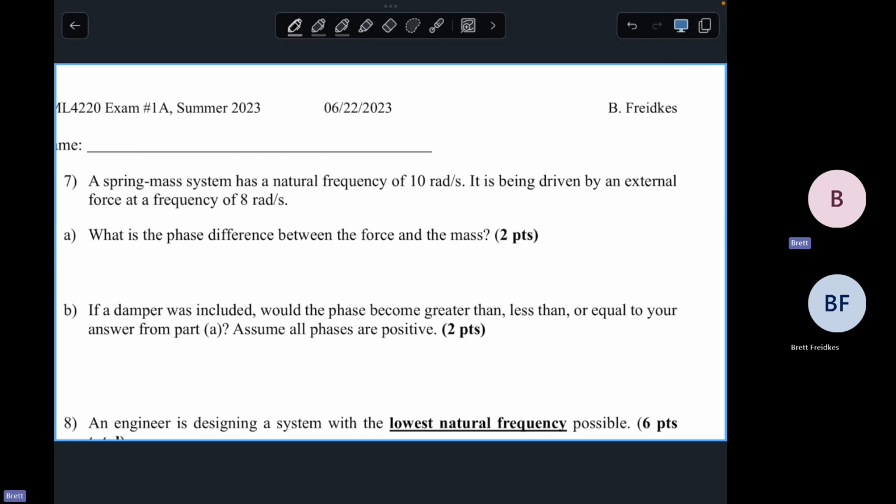But without a calculator and in the spring mass system, you should be able to do it quickly. Does anybody get it right away?